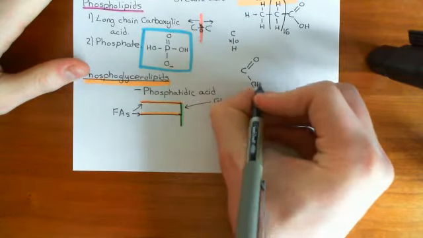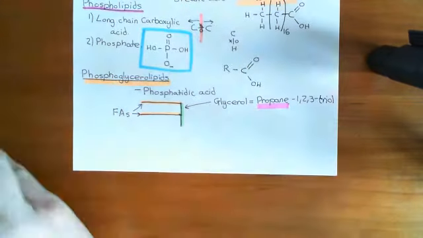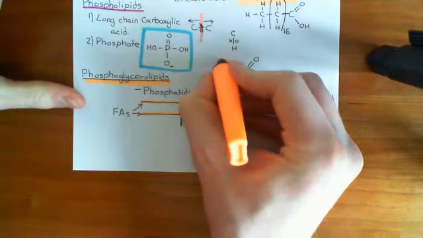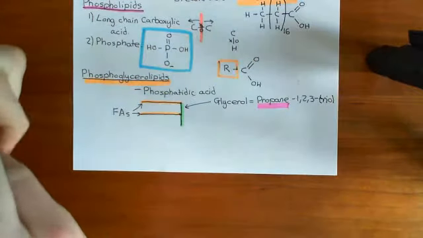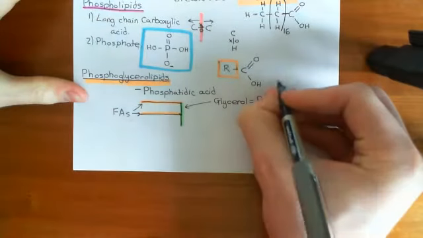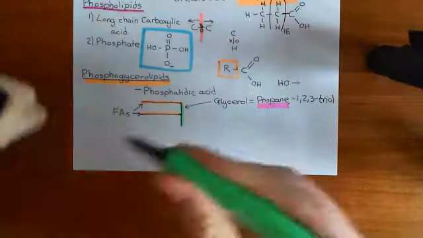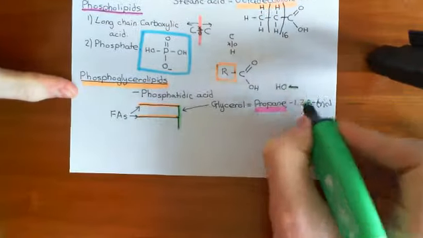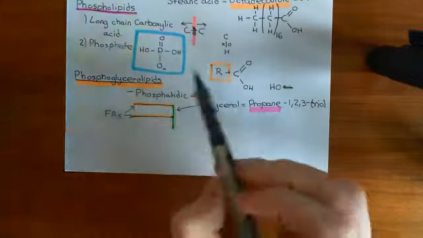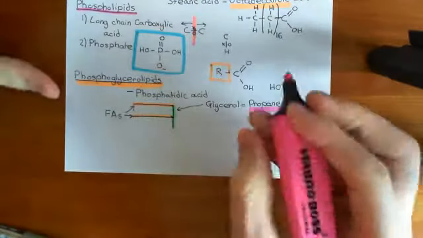So let me show you how an esterification reaction occurs. Here, let's let this represent our long-chain carboxylic acid. This R here means an arbitrary group, and we'll imagine that it's a very long tail. We've then got the alcohol group that comes off our glycerol molecule here, which I'll colour in green. Now what we want to do is attach our long-chain carboxylic acid to the alcohol group via an ester link.